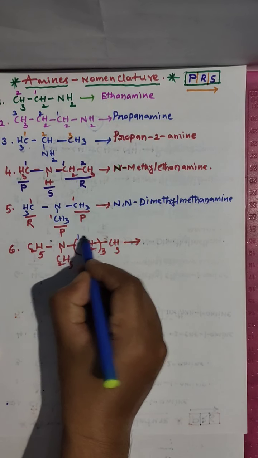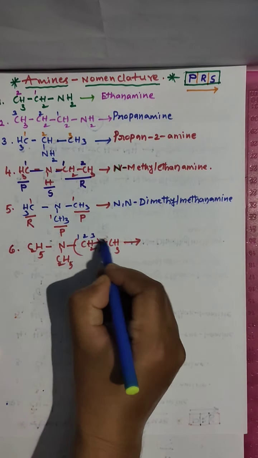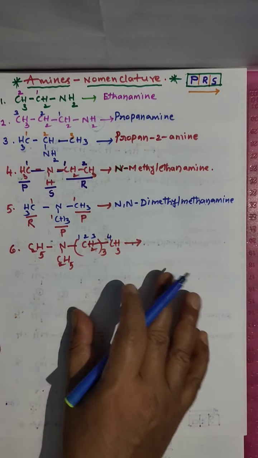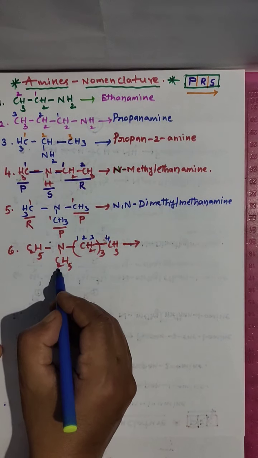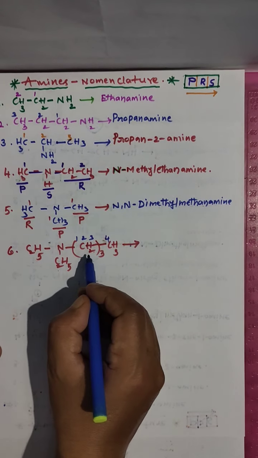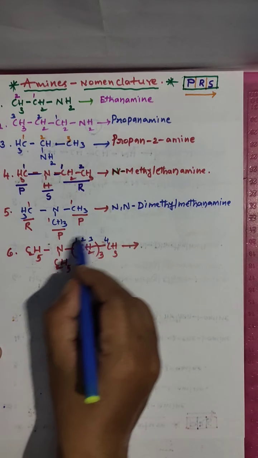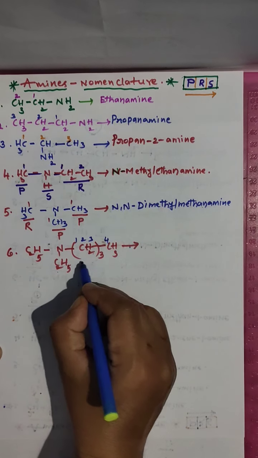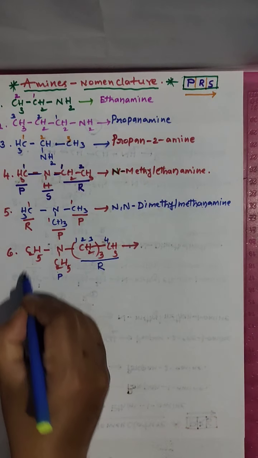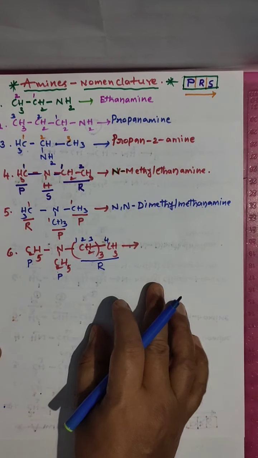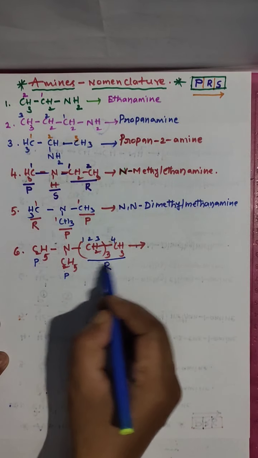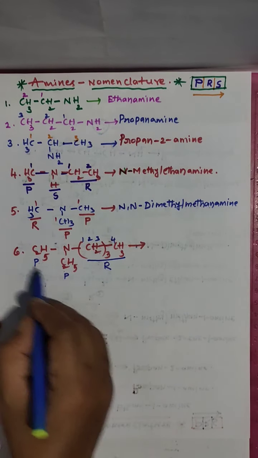That's why 1, 2, 3, 4. So you have to split this. 4 carbons. Here C2 means 2 carbons, here 2 carbons. So the side with more carbons is the root word. This is prefix, this is prefix. Which side has more carbon atoms? That is the parent chain. The remaining are substituents.